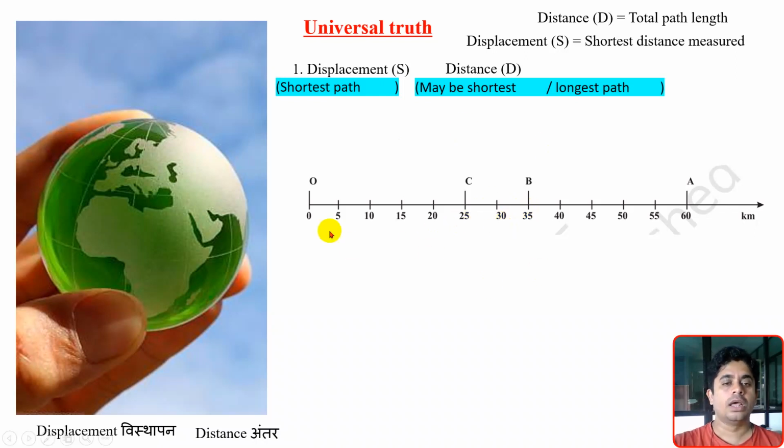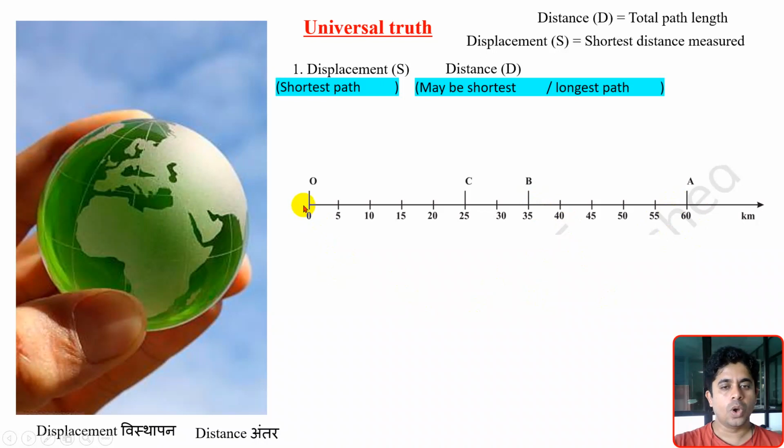First option, I can start from O and reach B through C. And second option, I will start from O, go to A, and from A to B. Means O to B I will travel through A. That will be the second option.